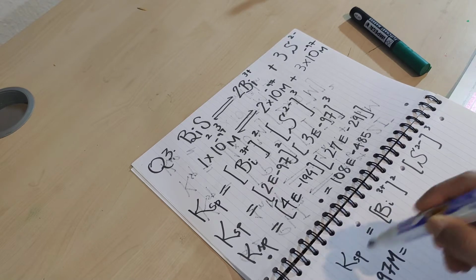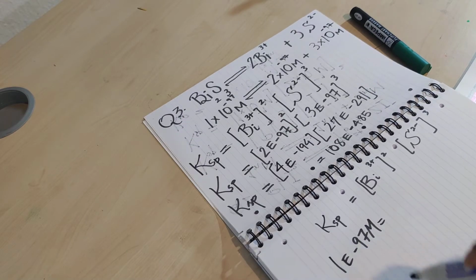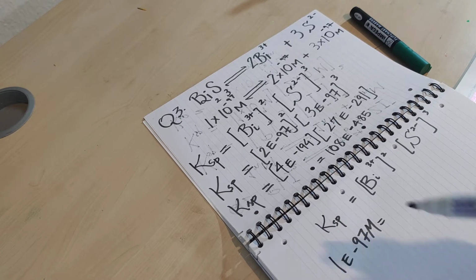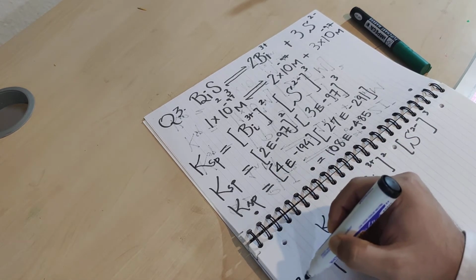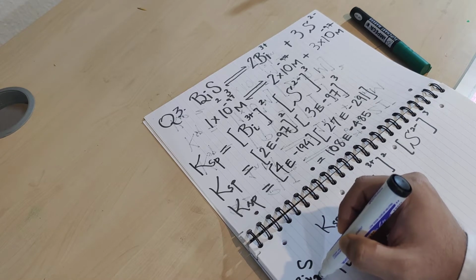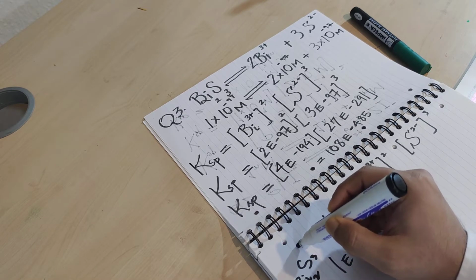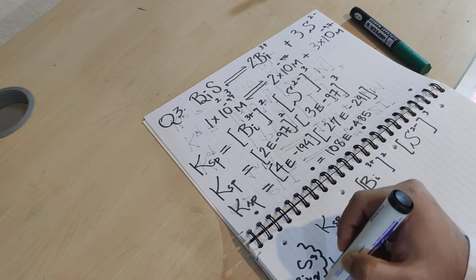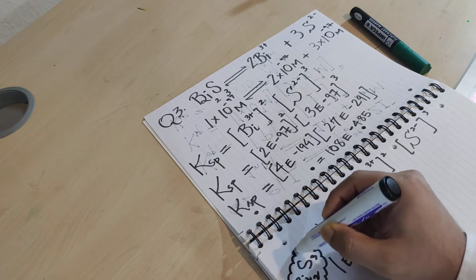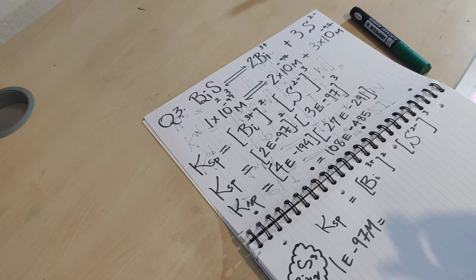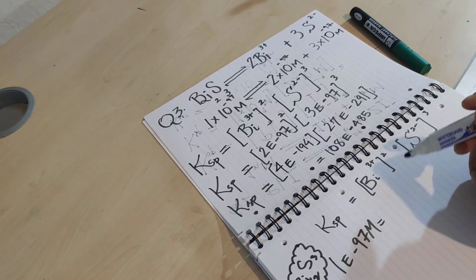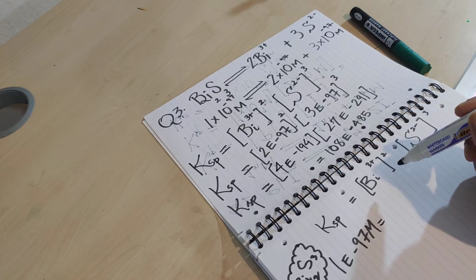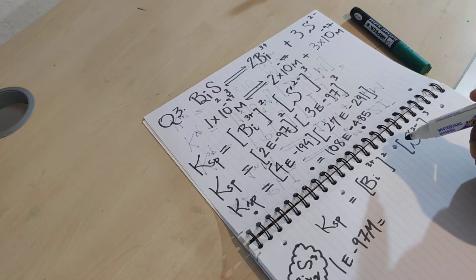If that was the actual solubility product of bismuth sulfide, what would be the eventual individual molarity of each?